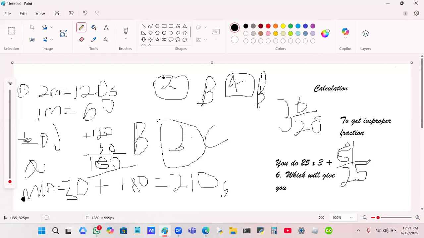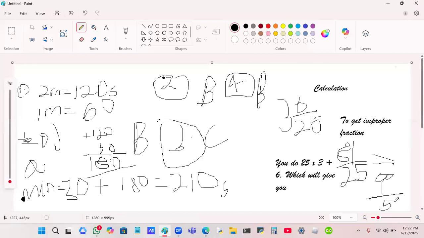What number can you multiply by itself to get 81? 9. Then what number times itself gives 25? 5. So 9 over 5.